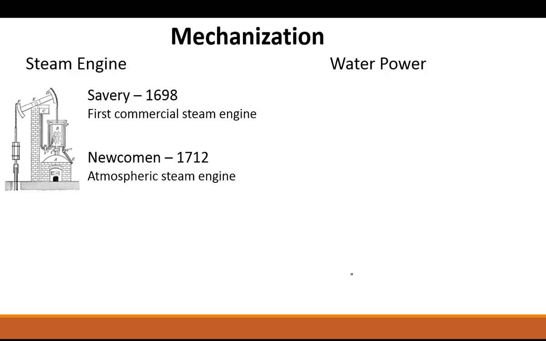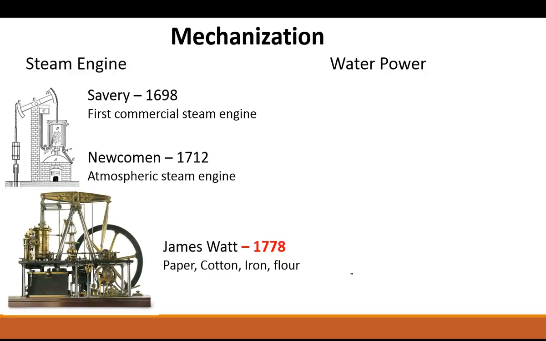Now, then there was another improvement by a name you might find familiar, James Watt. And yes, that is the person why we have the power unit called the watt. That was in 1778. He took his version of the steam engine and he used it for industrialization purposes, and he applied it across several industries. The textile industry, the paper industry, cotton, flour, iron industry.